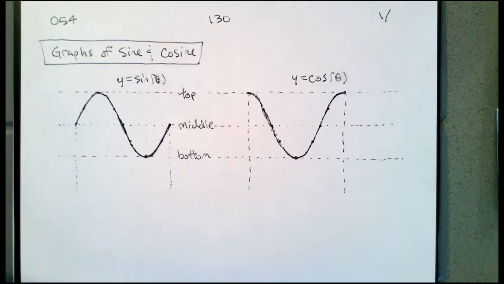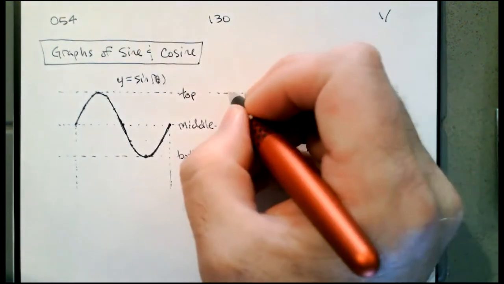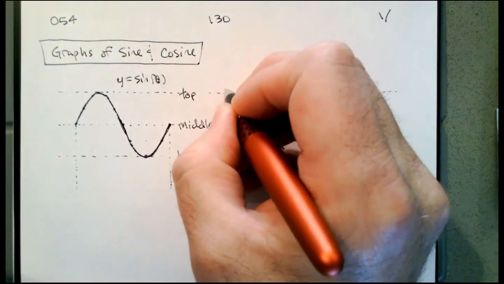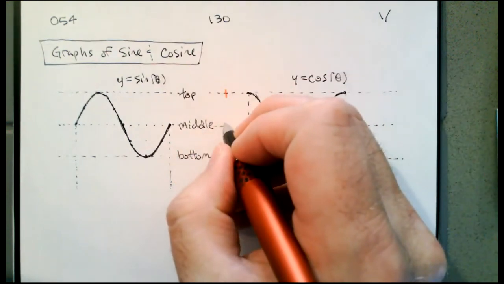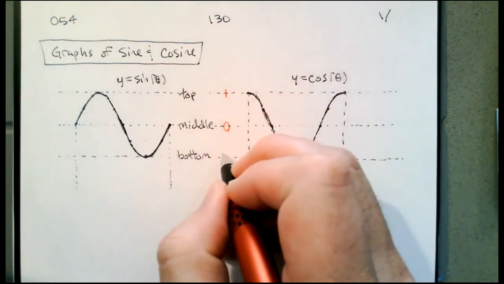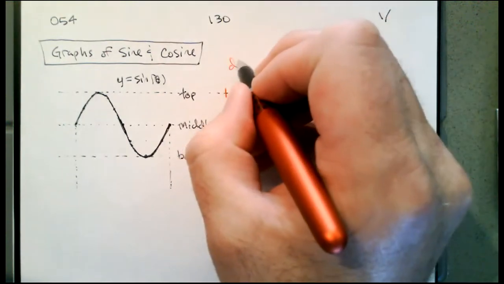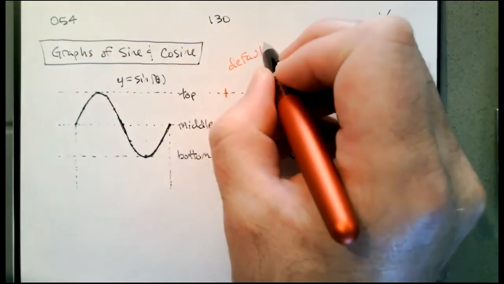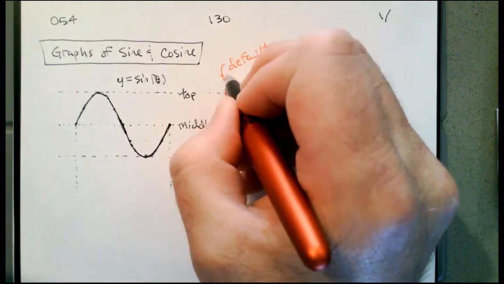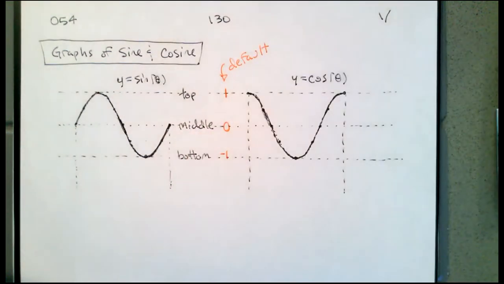The default for the top will be at 1. The default middle will be 0, and the default bottom will be -1. So we have a top, a middle, and a bottom. The default values are going to be 1, 0, and -1.